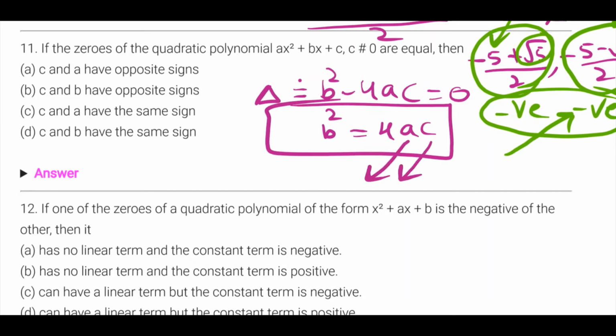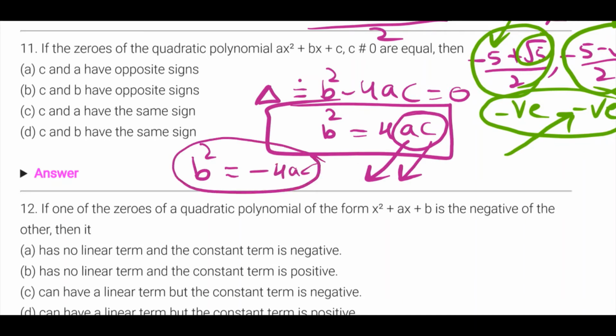For this to be possible, a and c should have the same signs, or else this will be negative. If b square equals the negative of 4ac, the square root does not exist. For this to exist, a and c should have the same sign. So a and c should have the same signs. Option C.